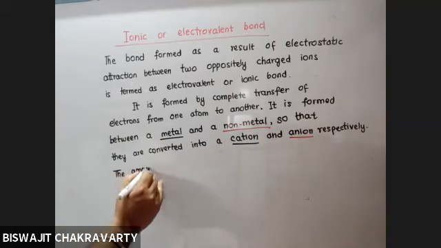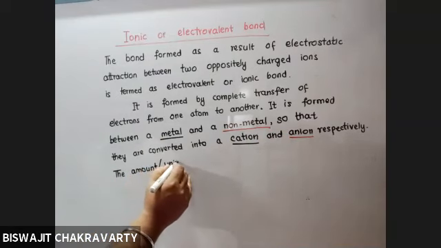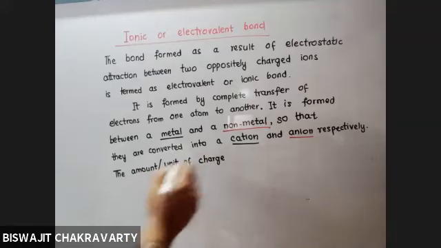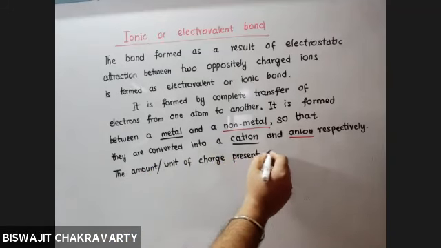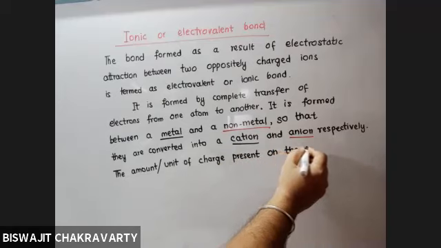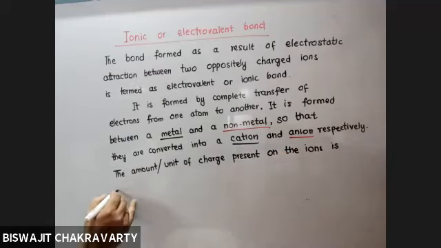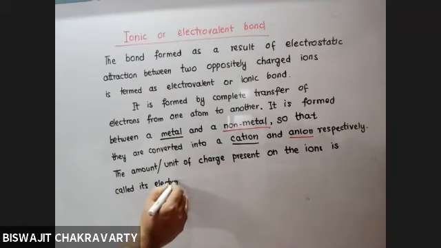The amount of charge, the unit of charge present on the ions is called its electrovalence.